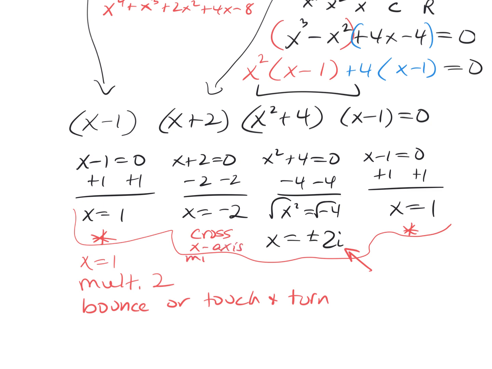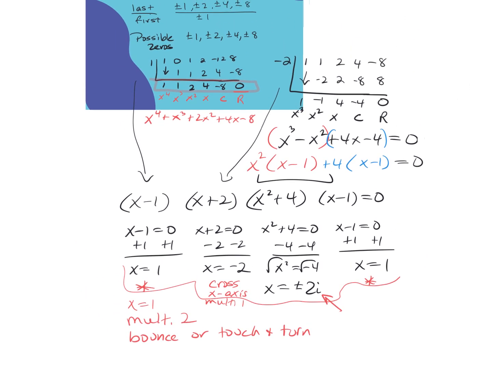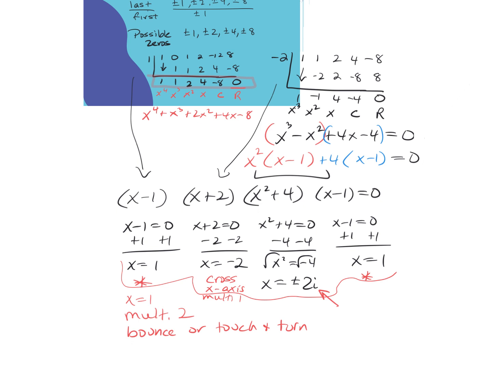So it has a multiplicity of 1. And then same thing for the plus and minus 2i. So again, once we did the synthetic twice, we were actually able to factor it once it got to an x cubed. But if we weren't able to, we would have dropped it down one more time, and then we would have got it to a quadratic that we could have factored.